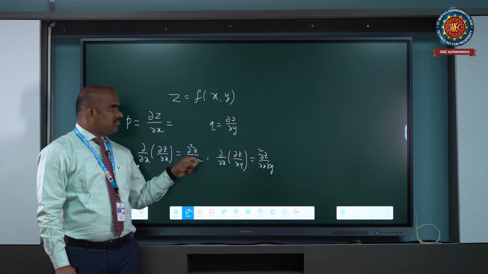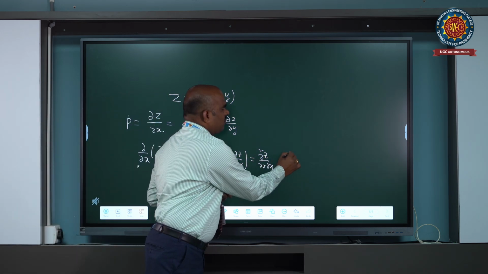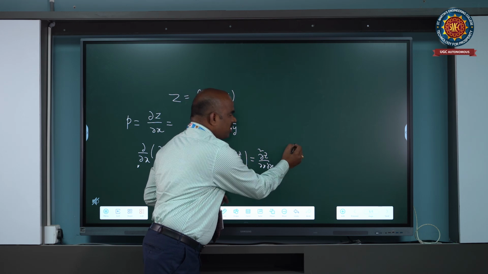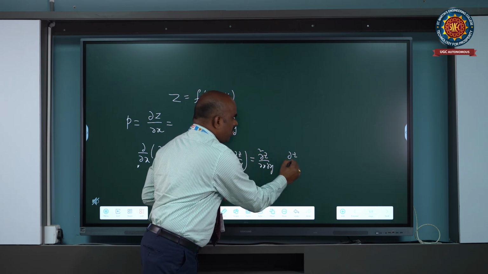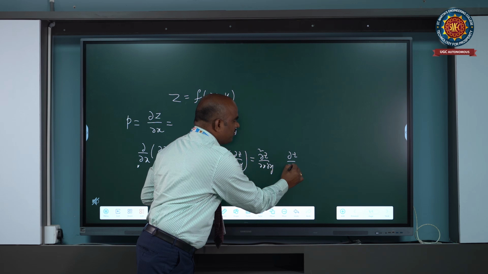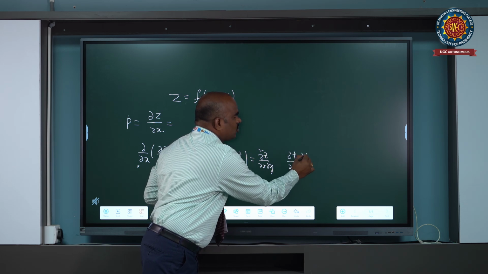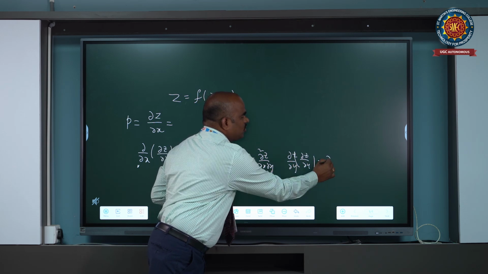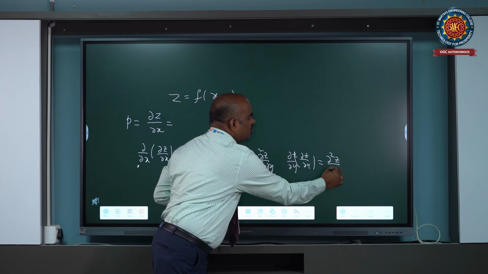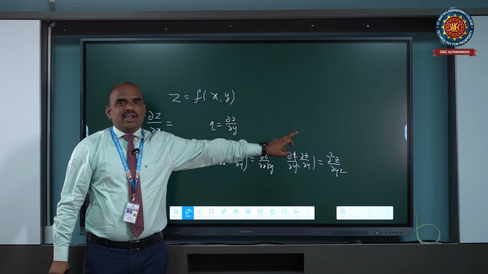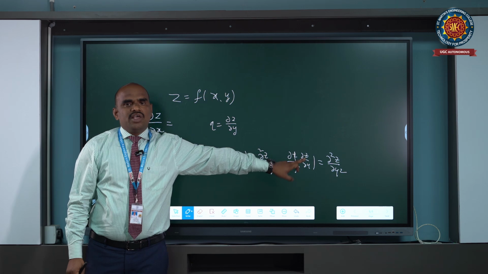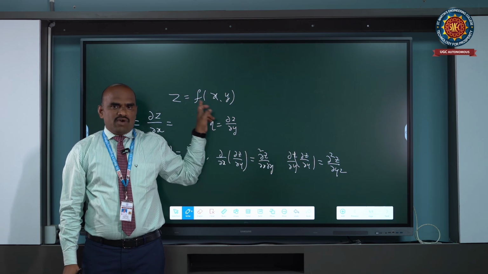And similarly, the partial derivative of dou z by dou y with respect to y, dou by dou y of dou z by dou y, is dou square z by dou y square. It is the second order partial derivative of z with respect to y.